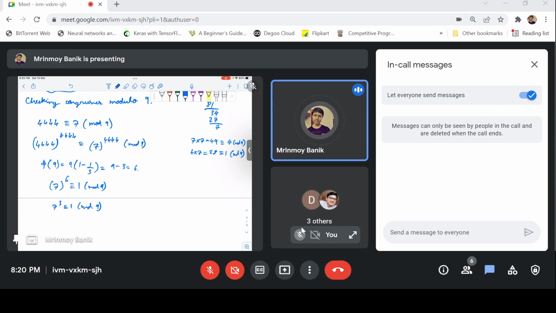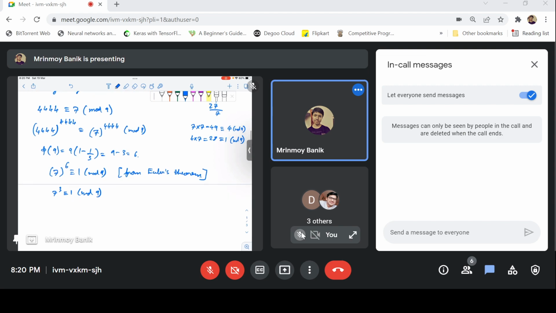So here we can do better than Euler's theorem. We have to take mod 3 now. So that is like 3 ones are 3.